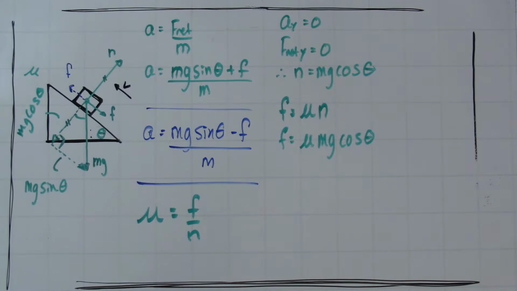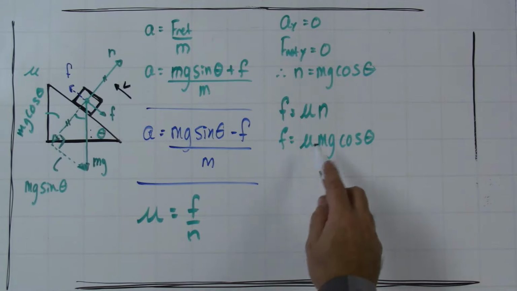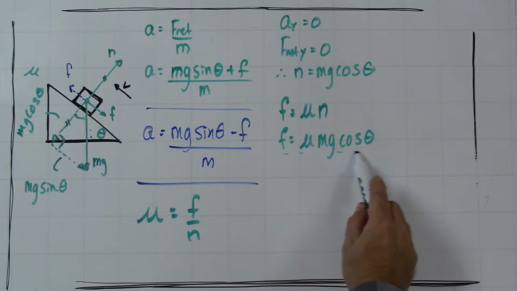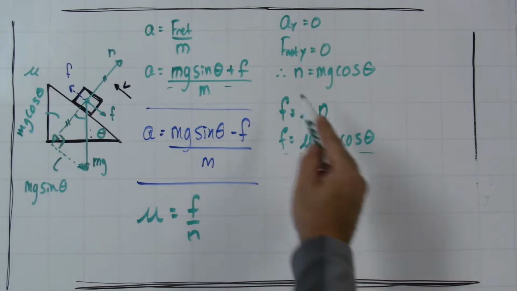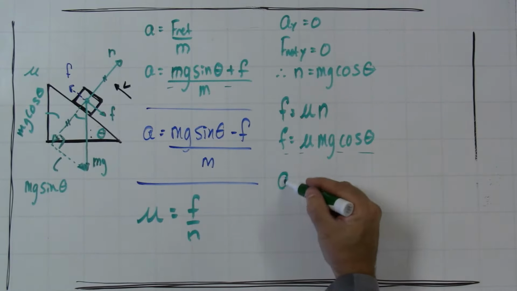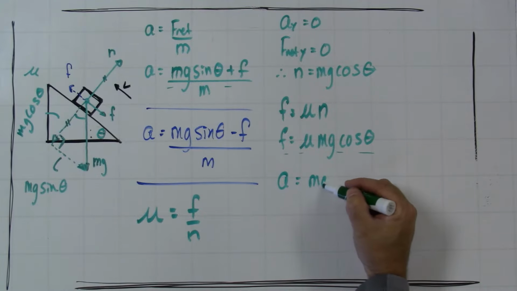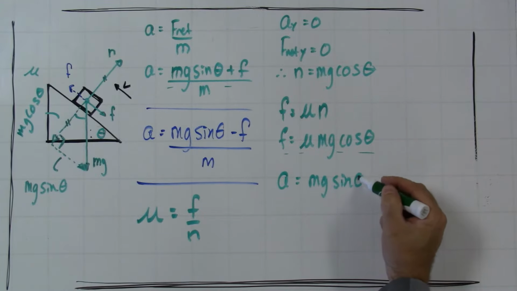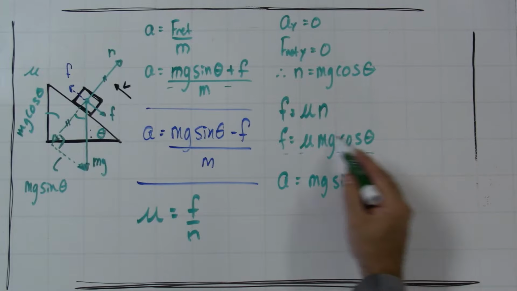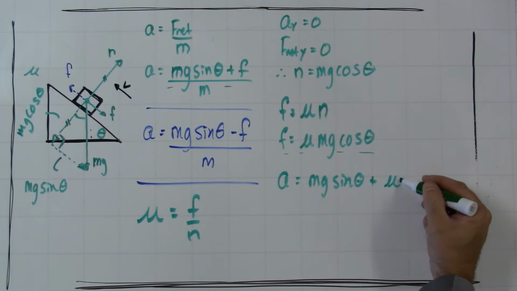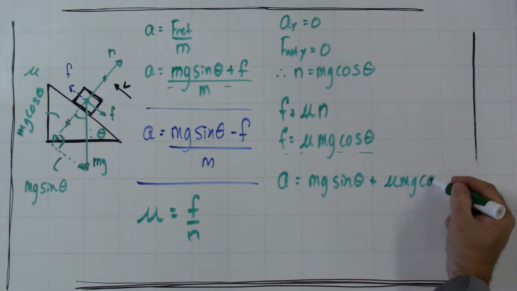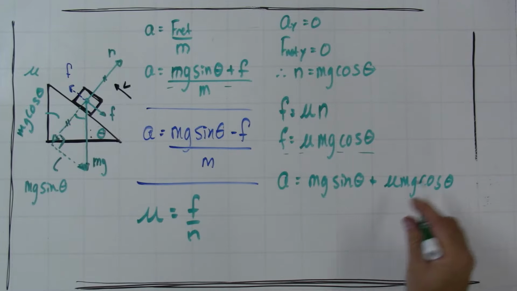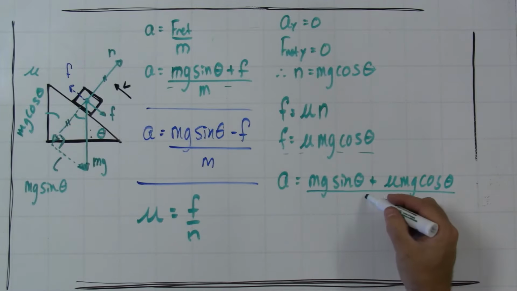If I substitute this statement right here into this original statement for the acceleration, I might be able to get something interesting, where acceleration is equal to mg sine theta plus, making this substitution, mu mg cosine theta, all over m.